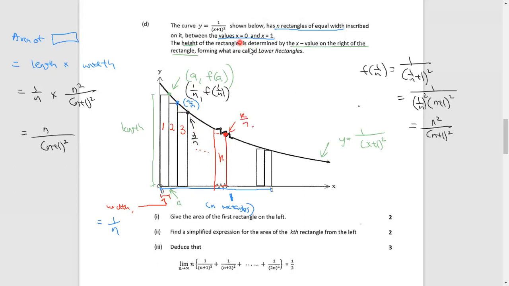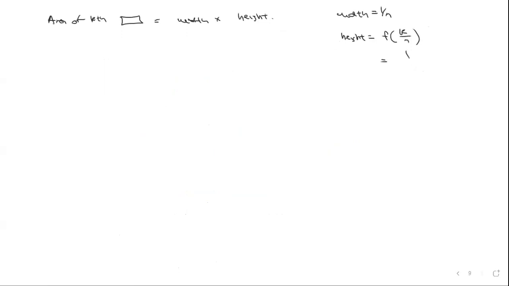So hopefully with that in mind, let's get ourselves a clean board and work that out. So the area of the kth rectangle is going to be the width times the height. Recognizing, of course, that the width is 1 over n, and the height is just going to be f of k over n, as we discussed. Now, what is the function? The function is 1 over (x plus 1) all squared. So that means that's 1 over (k over n plus 1) all squared.